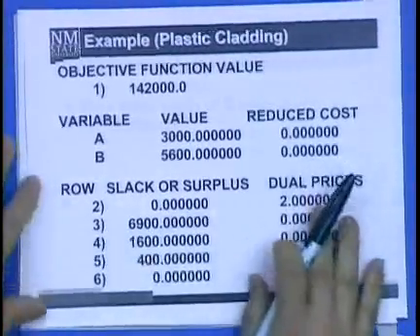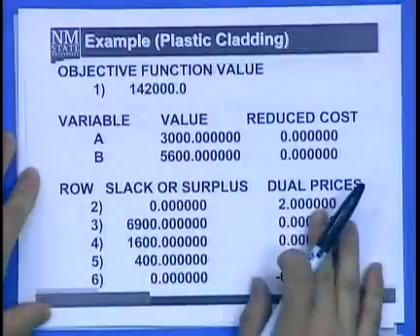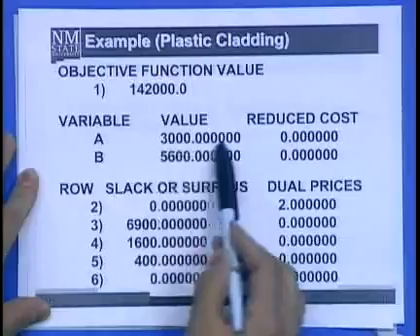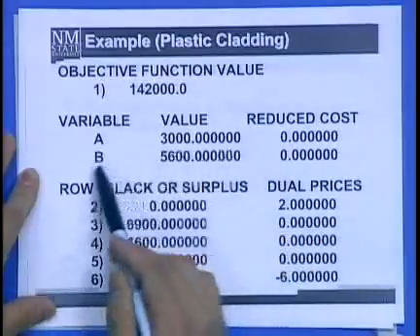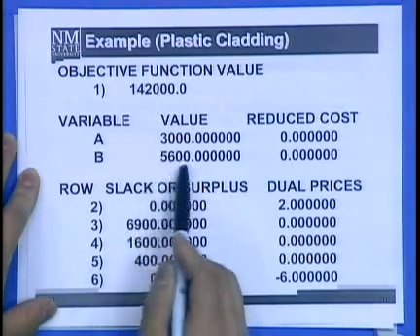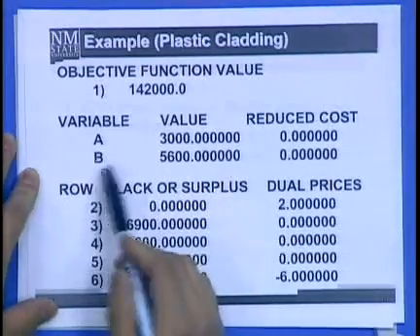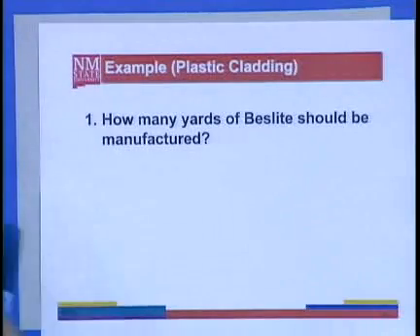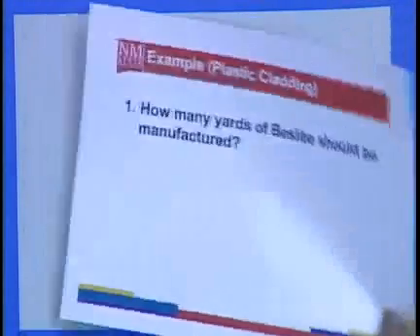According to the Lindo output, the optimal plan tells us we should produce 3,000 yards of angular and 5,600 yards of bakelite, right? So the answer is 5,600 yards.